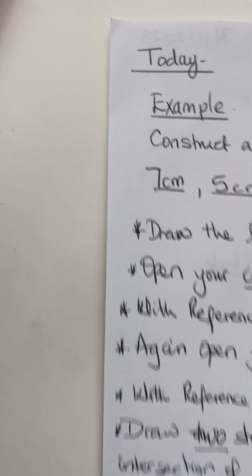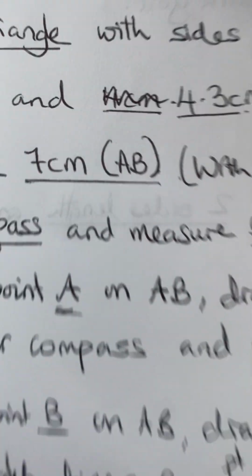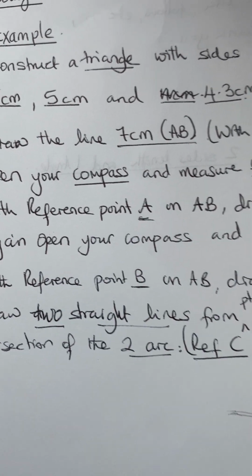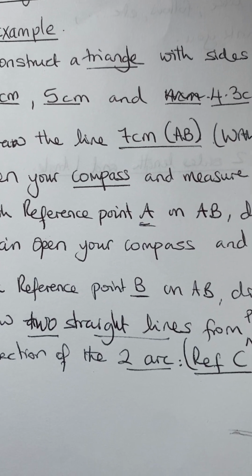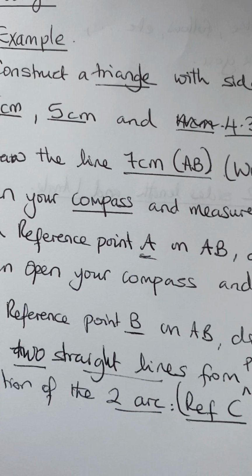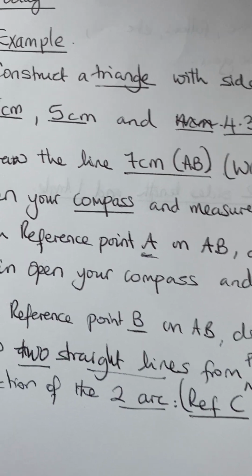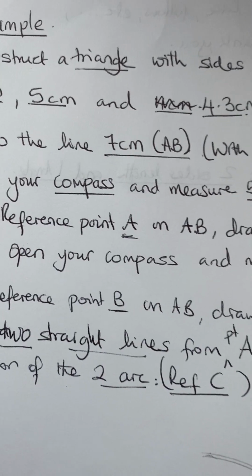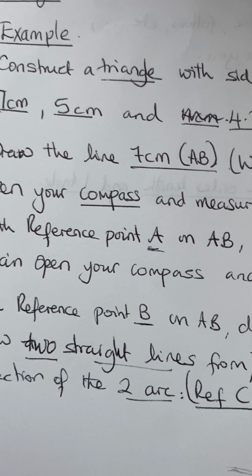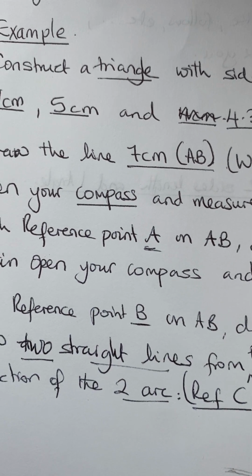Now today, as I said, we know 3 sides of the triangle. We don't know any angle. We know 3 side lengths, so we are going to use them to construct the triangle.